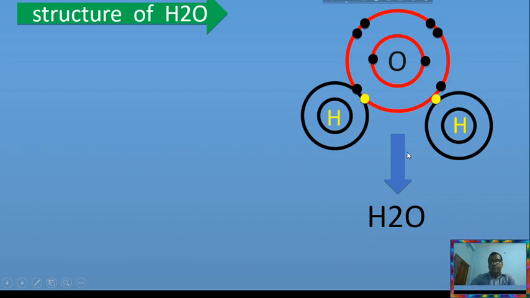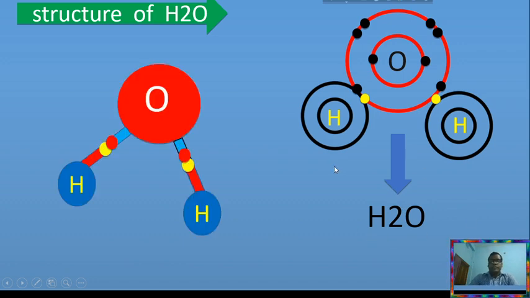My dear students, if you want to see the structure of water, there are two electrons here, and these two electrons and these two electrons are the same. There is the electronegativity of oxygen, which is the attraction force of oxygen. It has a higher electronegativity than hydrogen. I think you have read in the periodic table chapter what electronegativity is. This is the bond pair electron, and these electrons are shared by hydrogen and oxygen.